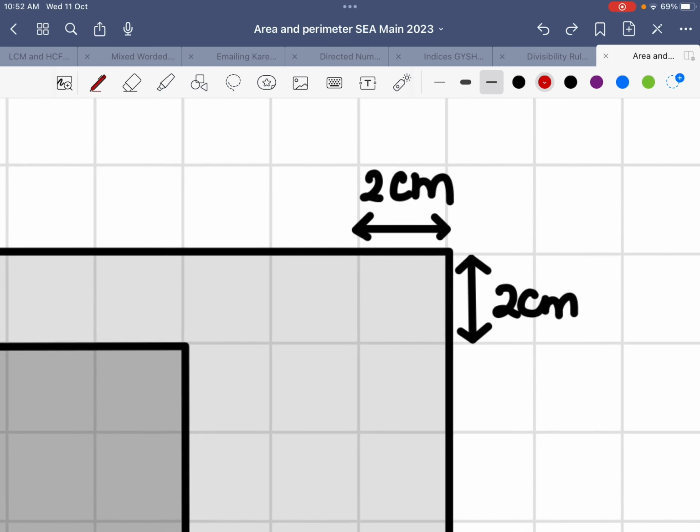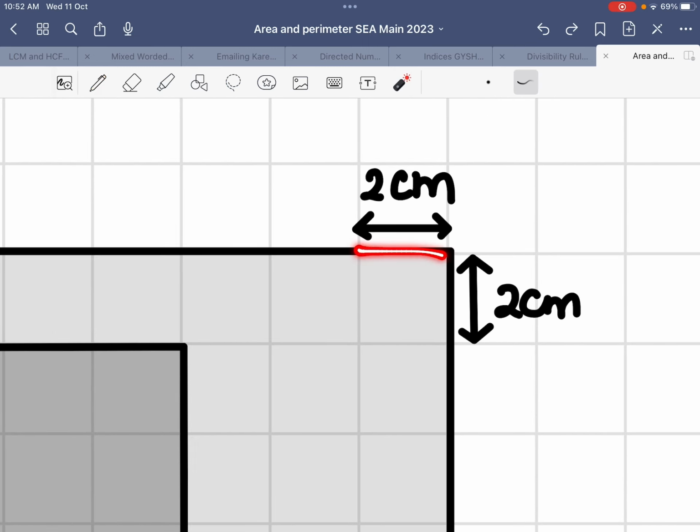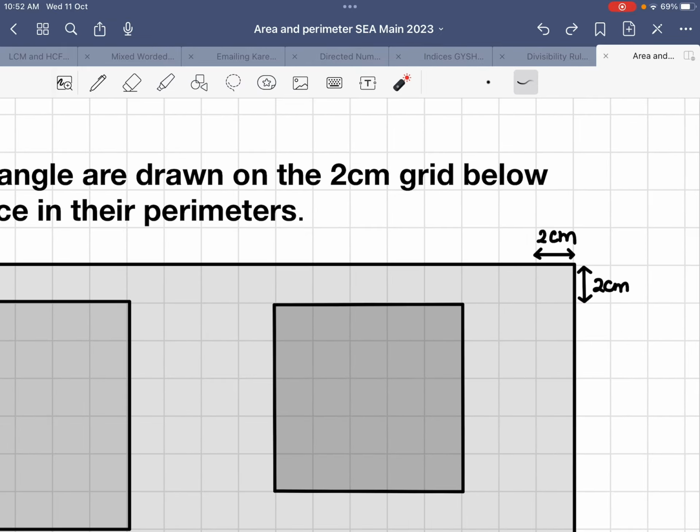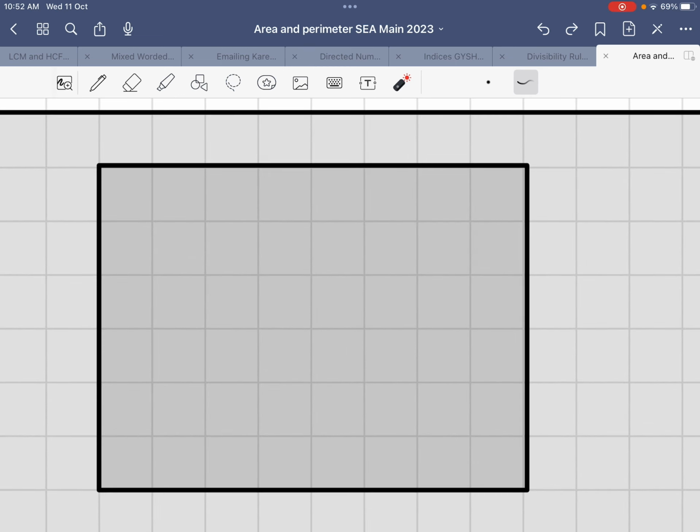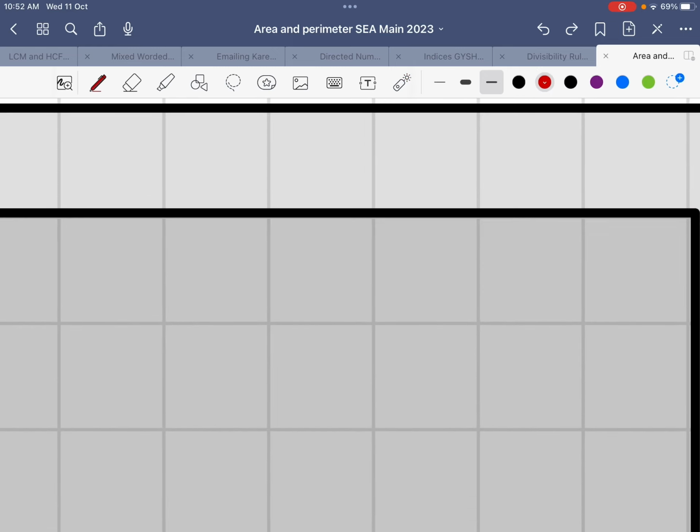So here we can see that each block is 2 centimeters by 2 centimeters. So it means that the rectangle would be 2, 4, 6, 8, 10, 12, 14, 16 centimeters. So let's label that.